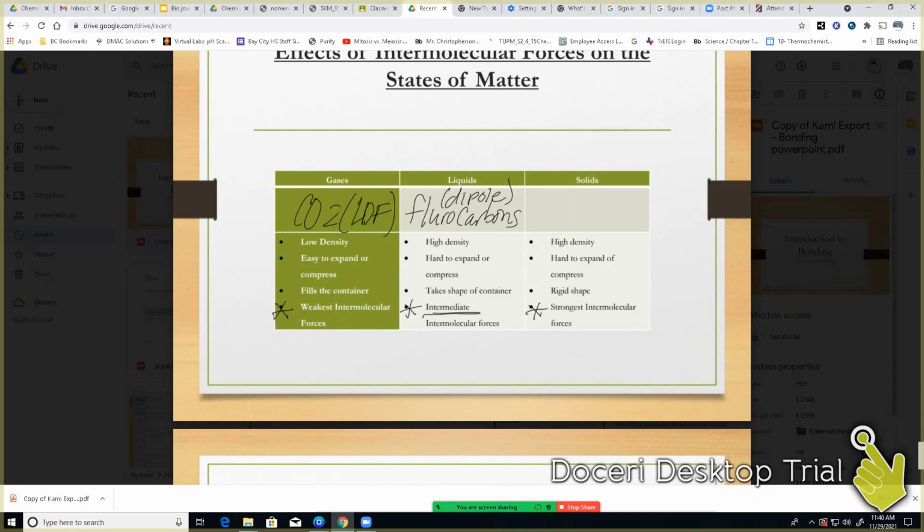And then solids, an example of that would be glucose, C6H12O6. And solids have the strongest intermolecular forces. So they hold the particles pretty close together, and that's why they end up being a solid.